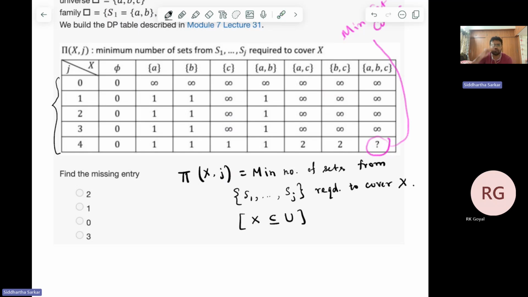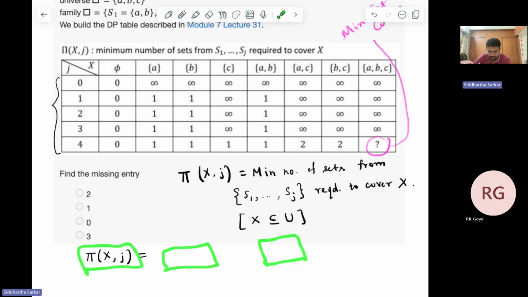Think of it this way. What you said is also correct. When we write the recurrence for phi of X comma j, we have to say that I am willing to cover the partial universe X with the sets from 1 to j. But to solve this problem, what smaller subproblems can I look at?